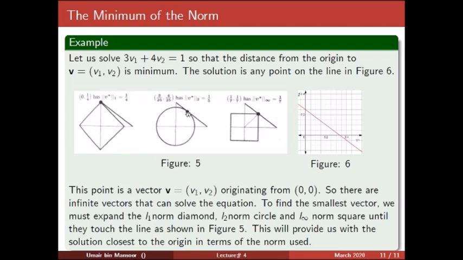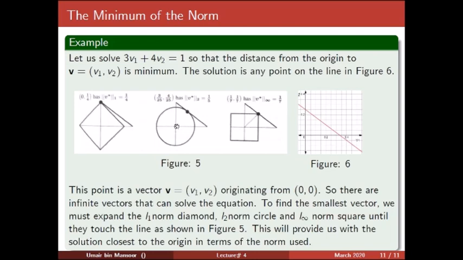Now this point will actually represent the smallest vector solution. Now look at why it is the smallest. It's actually the perpendicular line.